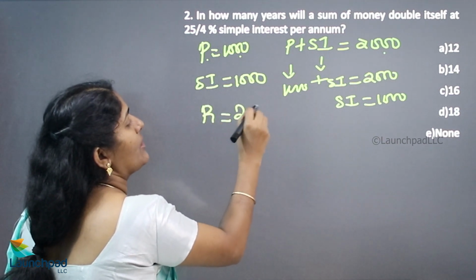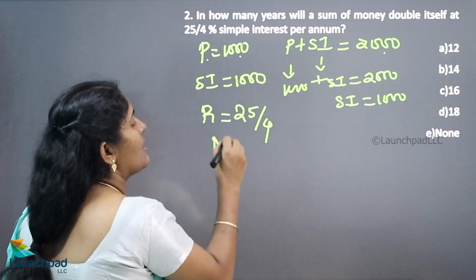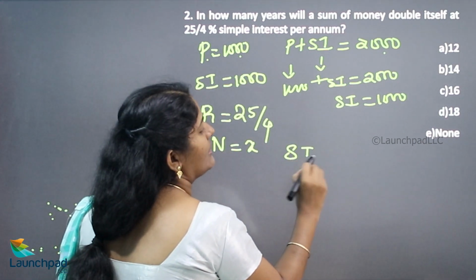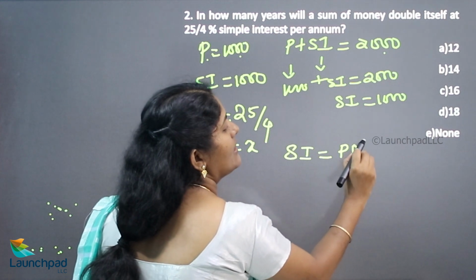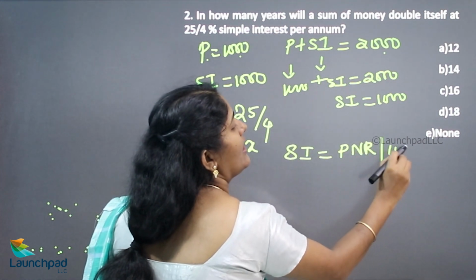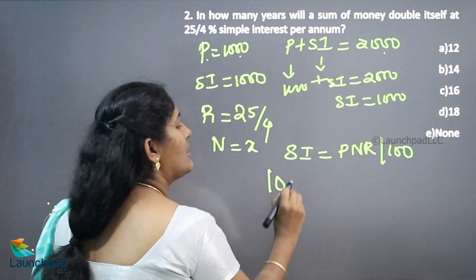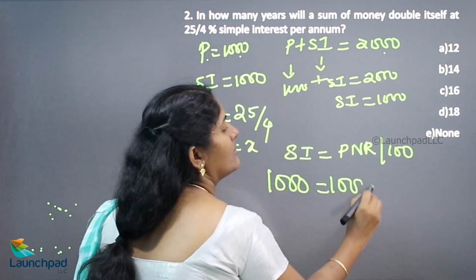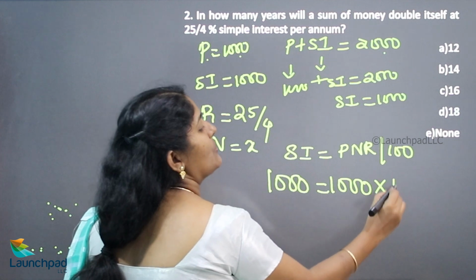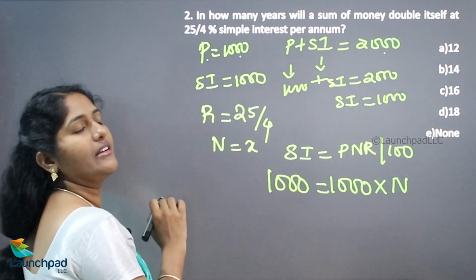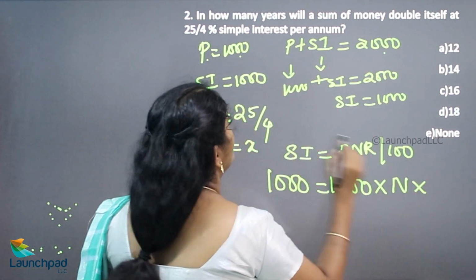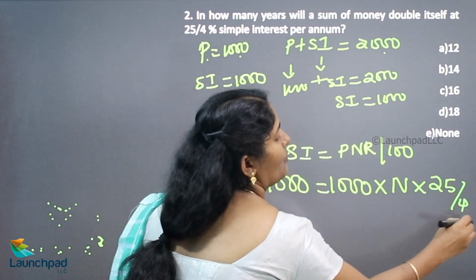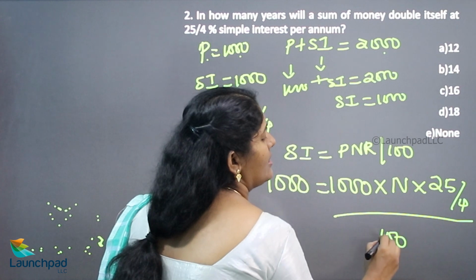What is your rate of interest? This is 25 by 4. What is your number of years? We don't know that. Therefore, SI is equal to PNR divided by 100. SI is 1,000. Principal amount is 1,000. Number of years we don't know, that's why we are calculating here. And the rate of interest the question itself gave, 25 divided by 100.